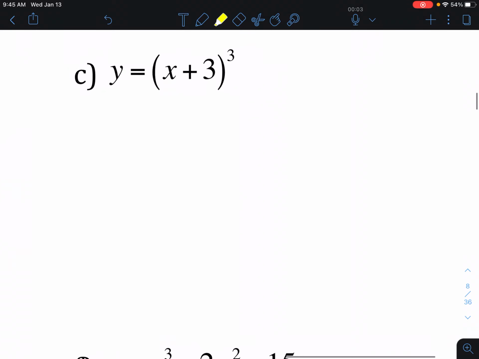Letter C, the x plus 3 cubed, you can ignore the cube. That just means it would kind of touch it 3 times if we were to graph it. So just write it once and subtract 3.